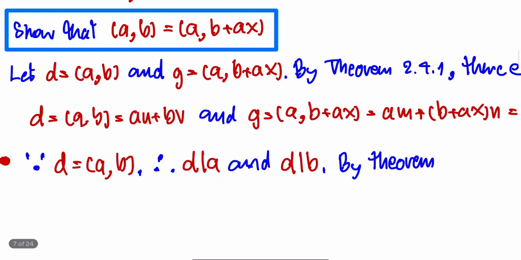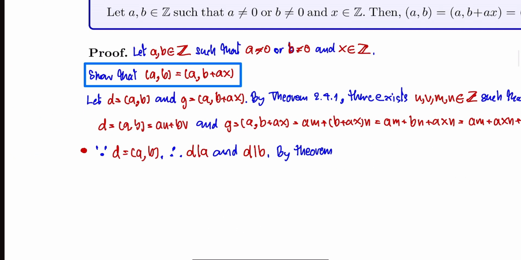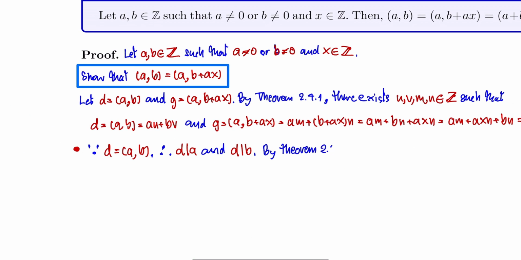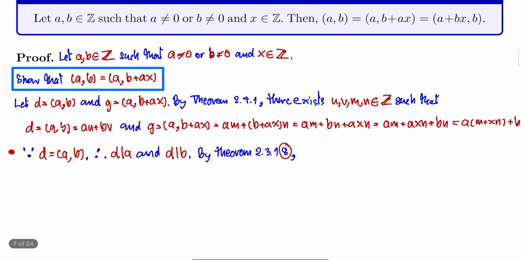So what we have right here is to use Theorem 2.3.1 number 8. We have d divides a times x1 plus b times x2 for all integers x1, x2.